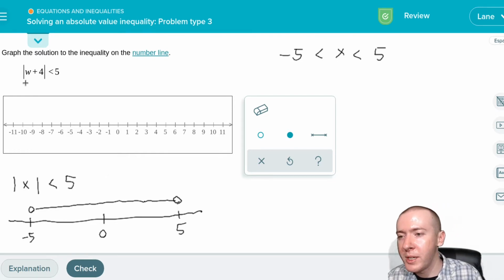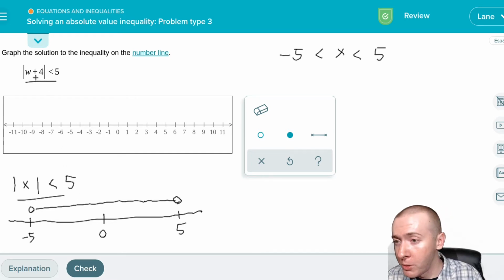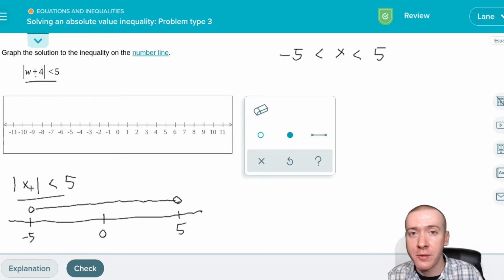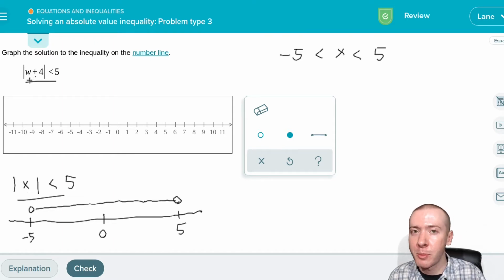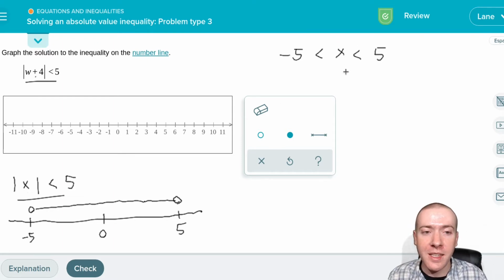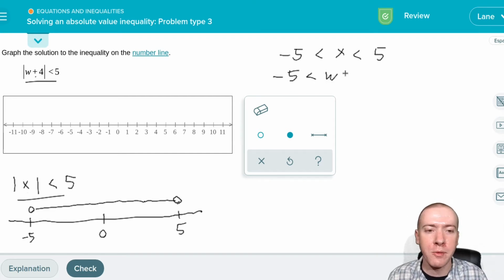What's the difference between this inequality and this one down here? Only the inside part of the absolute value. So if I said that x equals w plus 4, that solves our problem. So in this compound inequality over here, instead of the x, I'm going to write w plus 4.